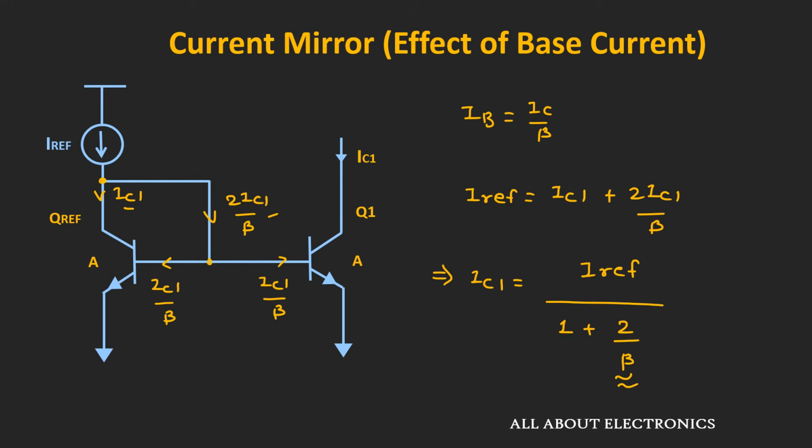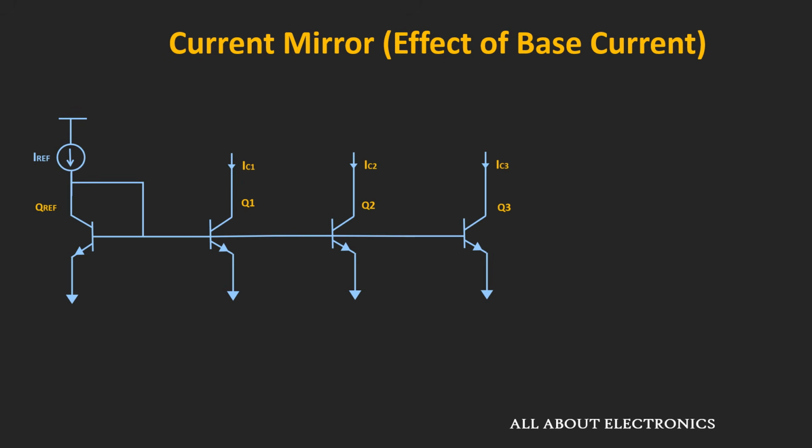Now let us see, instead of one transistor, if there are 3 transistors with the same area, then what would be the collector current? Here we are assuming that IC1 is equal to IC2 is equal to IC3, let's say equal to IC. That means the base current of each transistor is equal to IC divided by beta.